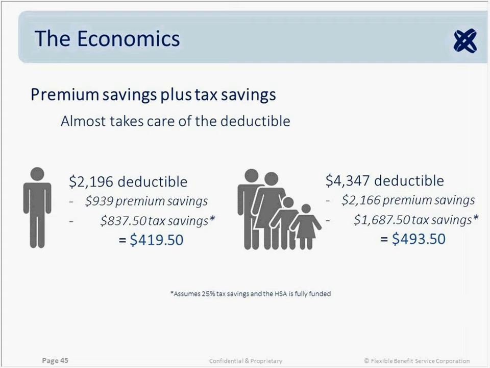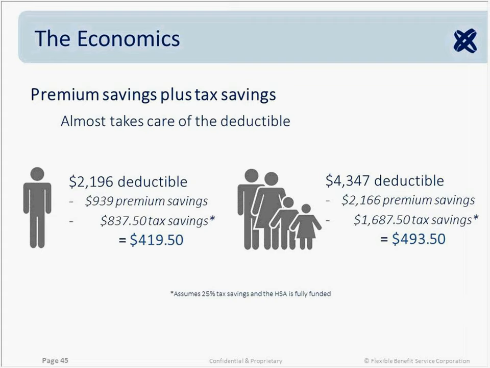So when we subtract the premium savings and the tax savings from the HSA contributions, you're left with just over $400 in total deductible. So those savings can really offset a significant portion of that deductible.